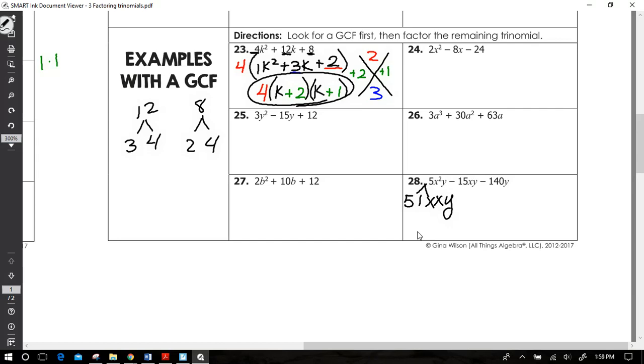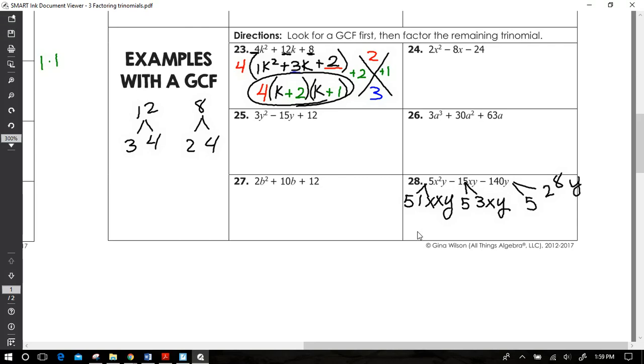And then 15 would be 5 and 3, and x and y. And then 140, if I took a 5 out of that, 5 goes into 14 twice with 4 left over, 8. There we go. And then it also has a y.